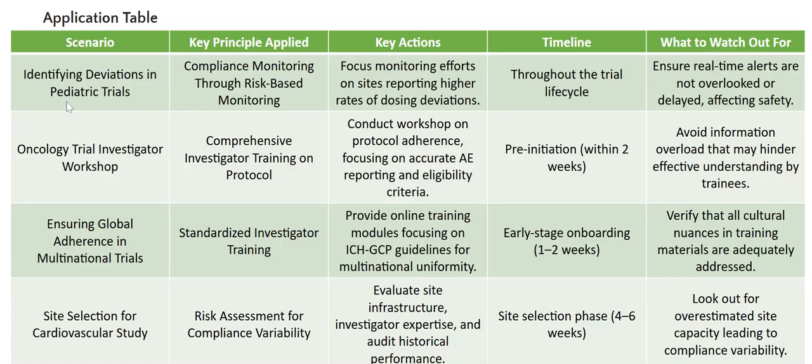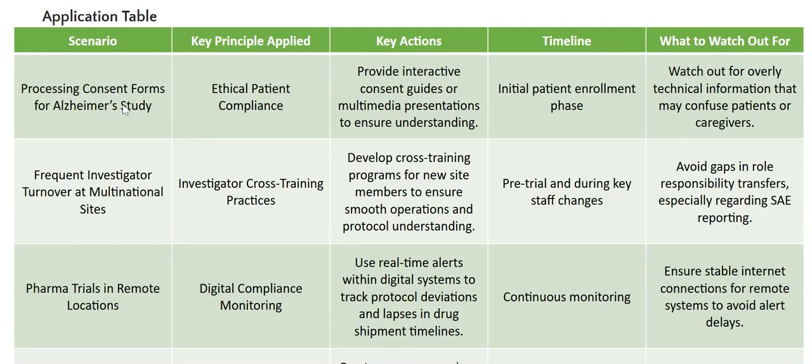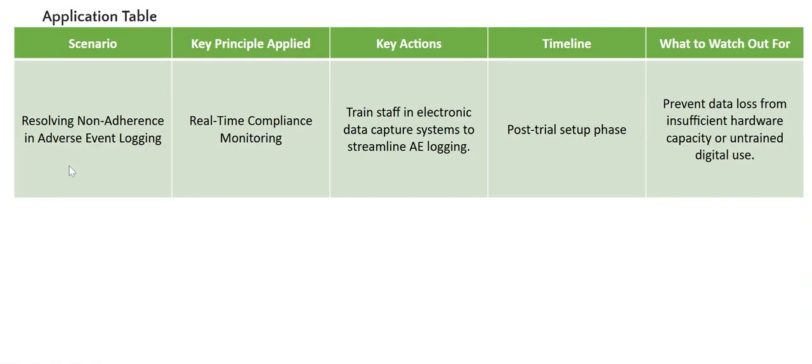Scenarios: we have identifying deviations in pediatric trials, oncology trial investigator workshop, ensuring global adherence in multinational trials, site selection for cardiovascular study, monitoring serious adverse event, SAE reporting, consistency, processing consent forms for Alzheimer's study, frequent investigator turnover at multinational sites, pharma trials in remote locations, delays due to protocol complexity. Completing with scenarios, we have resolving non-adherence and adverse event logging, AE logging.